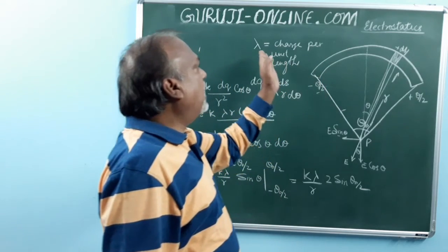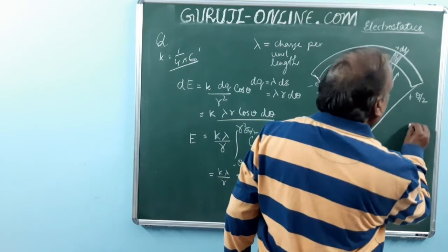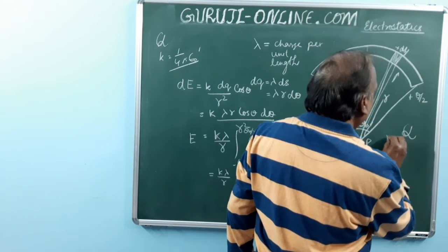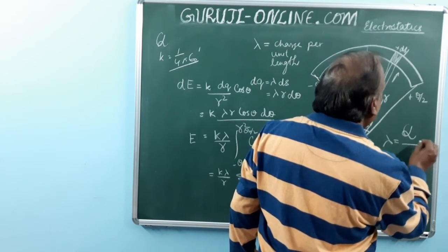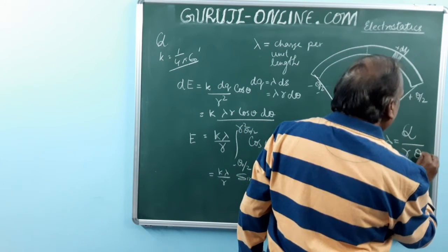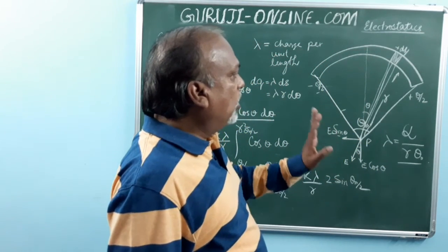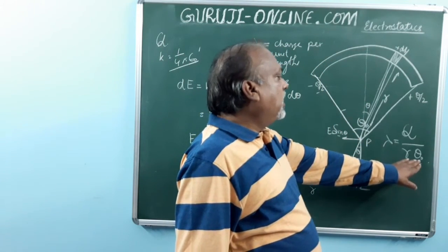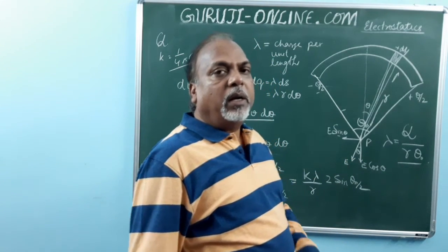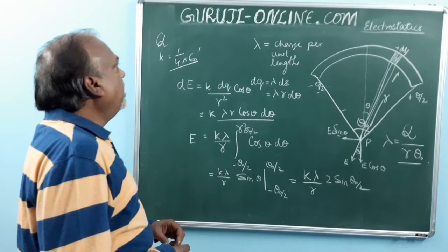Then you can find out lambda. If the total charge is q, then what will be your lambda? It will be nothing but q divided by this length, which is r into theta 0. So please note that in this, theta 0 should be in radians, not in degrees. Otherwise you will make a mistake.